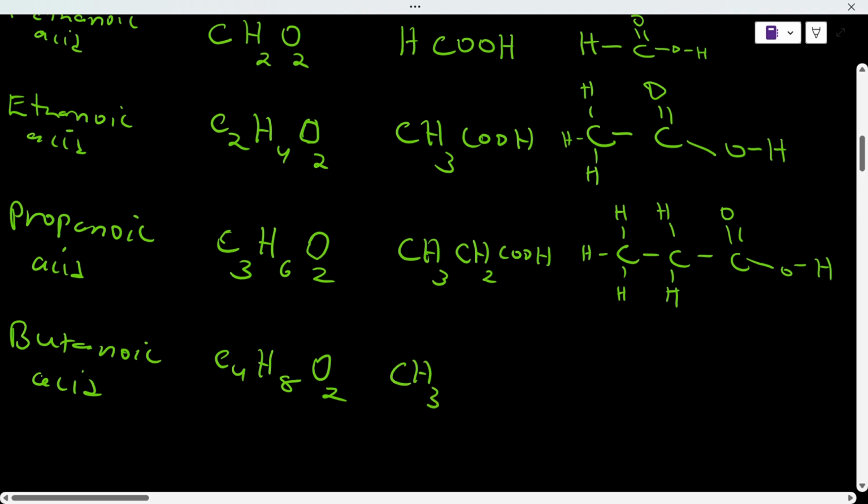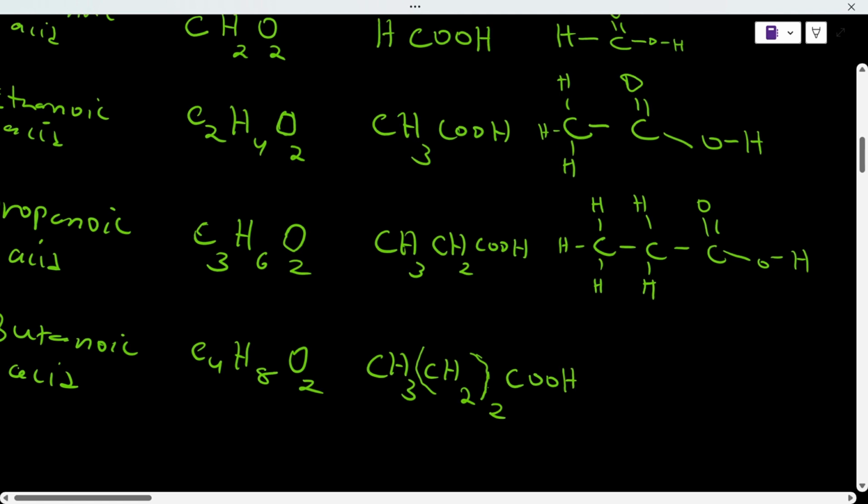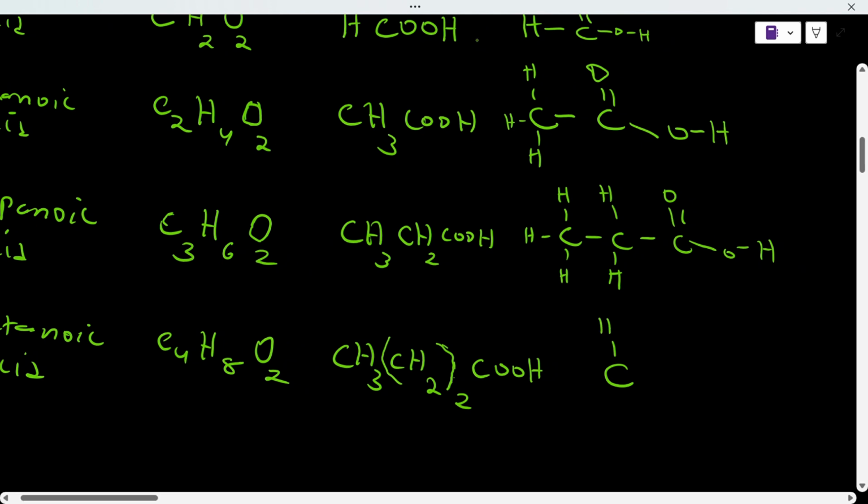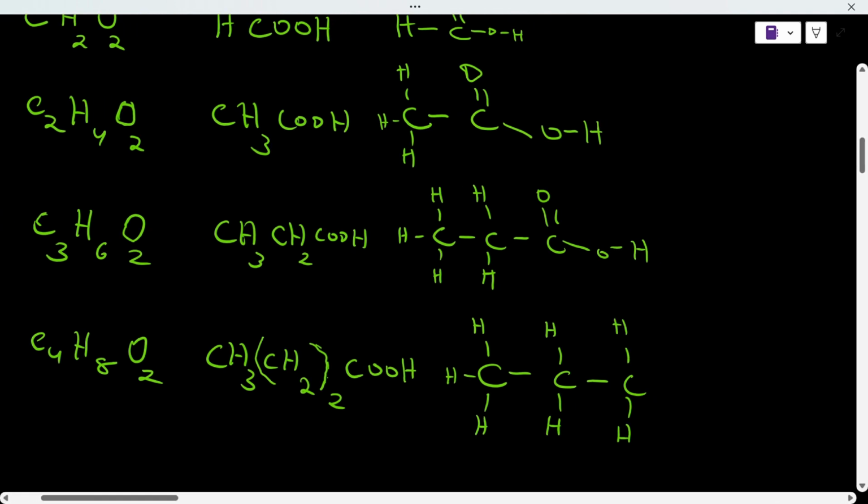So that one I'm going to have CH3, CH2 in brackets 2, then COOH, which in the displayed form I can have a C, H, H, H, C, H, H, a C, H, H, that is bonded to a C double bond O, O, that is bonded to an H. I needed 4 carbons, so there: 1, 2, 3, 4. Good.